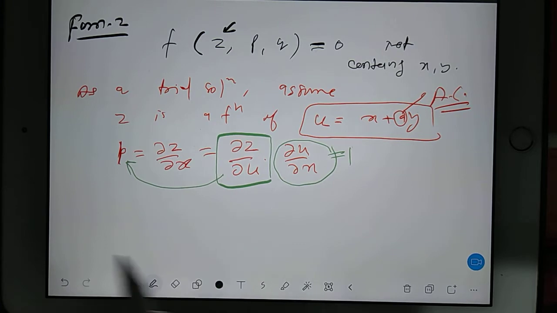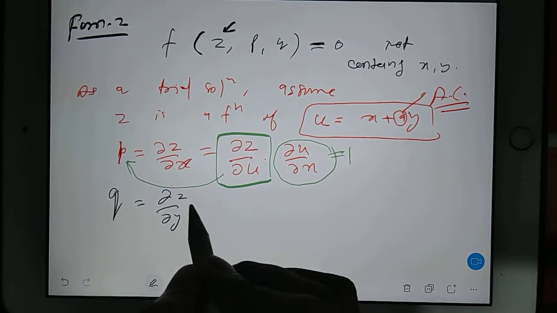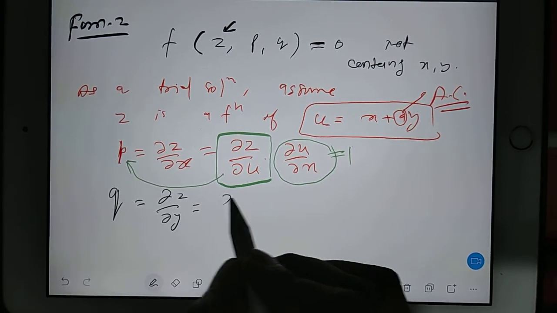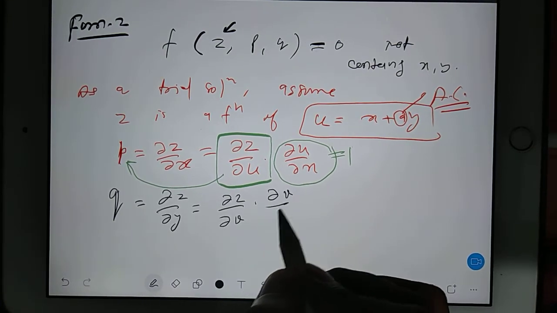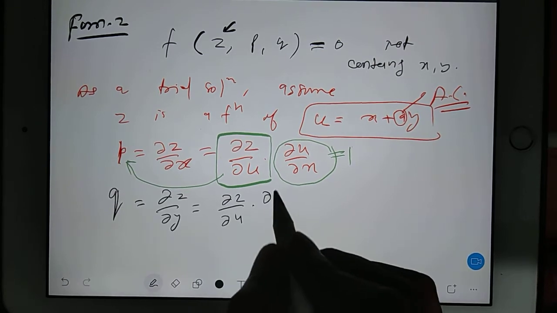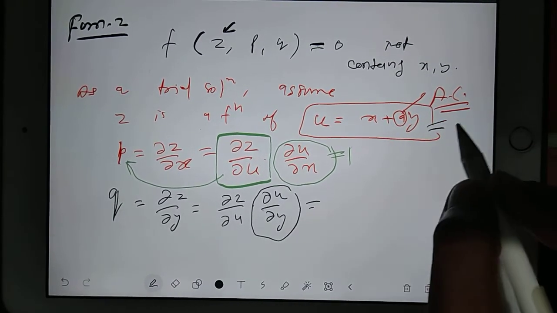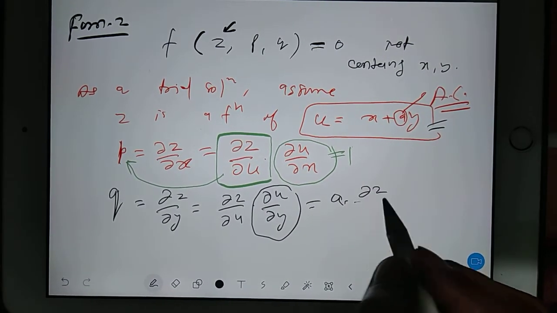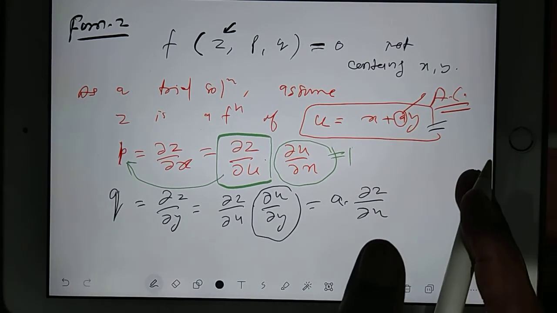In the same way, your small q is nothing but ∂z/∂y. That ∂z/∂y you will break as ∂z/∂u into ∂u/∂y. So this ∂u/∂y, if you work it out from the equation, you will get a. So this became a ∂z/∂u.